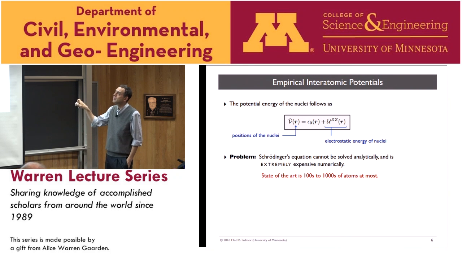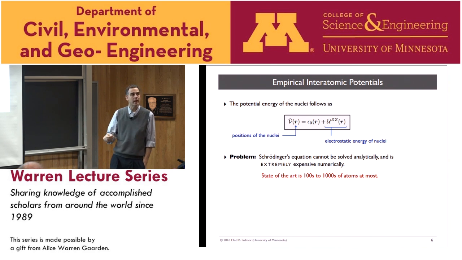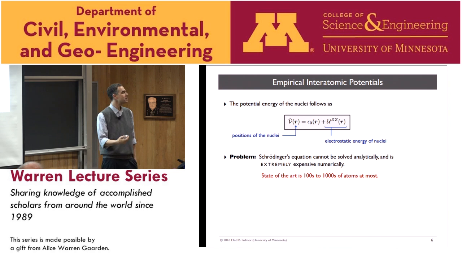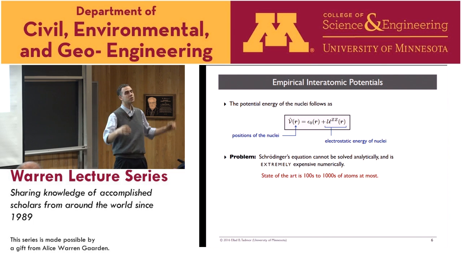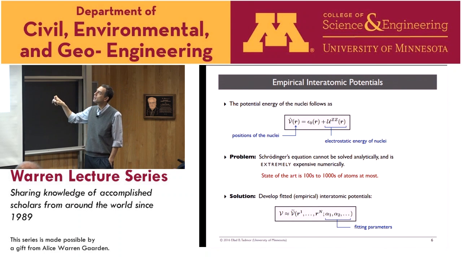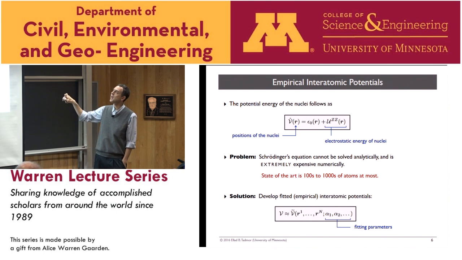And this is done. I mean, physicists and chemists solve these problems on a regular basis. Physicists use density functional theory to solve this, but it's an expensive calculation. And state of the art is on the order of hundreds or thousands of atoms. Typically hundreds, but you can push it with big machines and good algorithms. And so instead, what's often done is you replace this exact expression with an approximate expression.